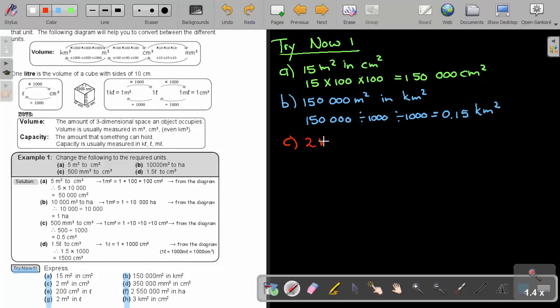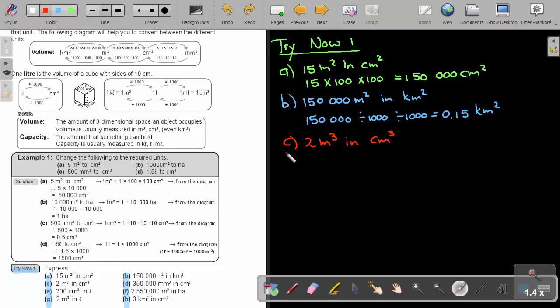And then the next one, number C. It's 2 cubic meters in cubic centimeters. Now, look here, this is this table. Cubic meters, and I must move to cubic centimeters. So what must I do? Multiply by 100, multiply by 100, multiply by 100. It's actually multiplying by 1,000,000.